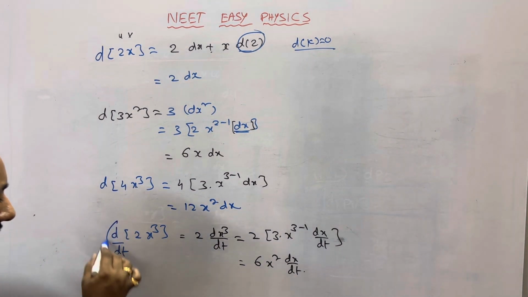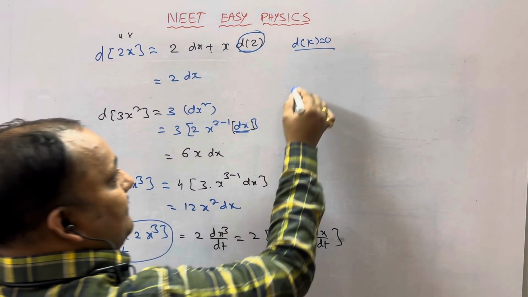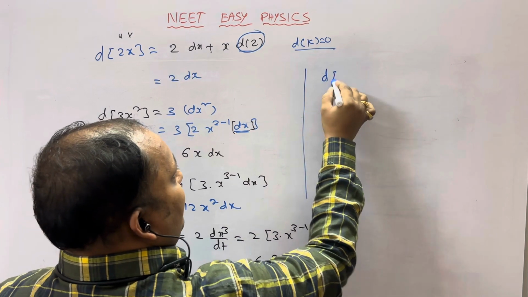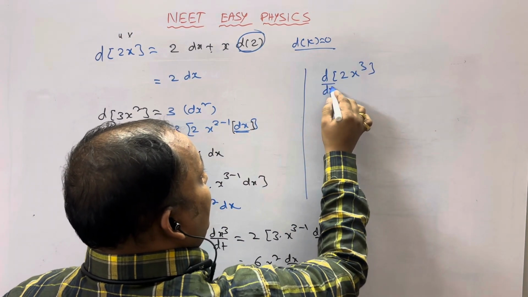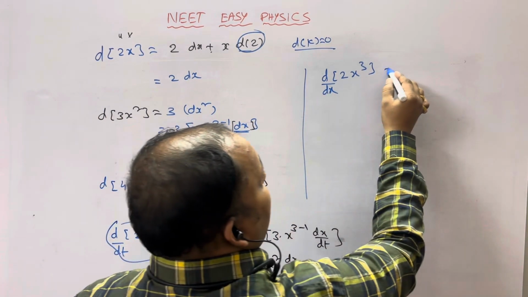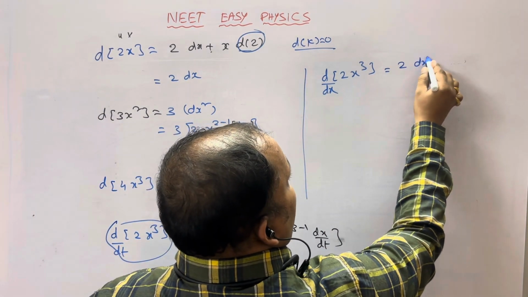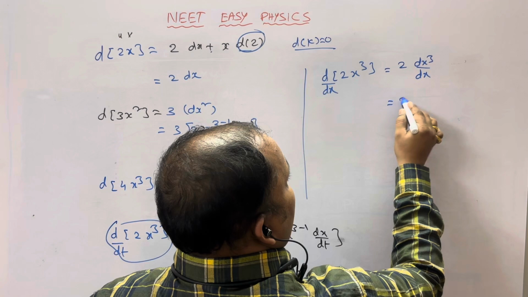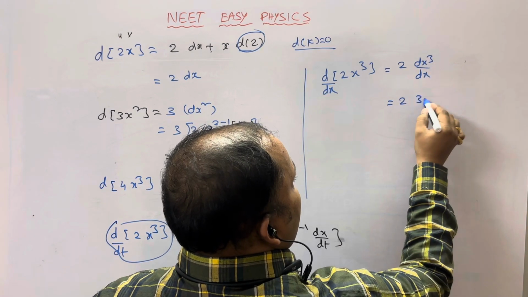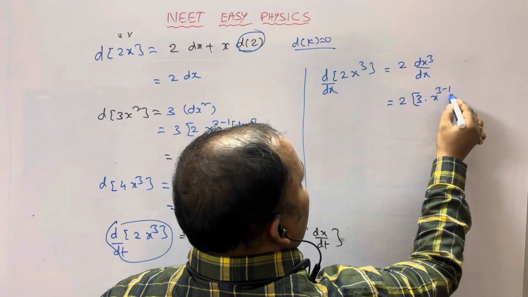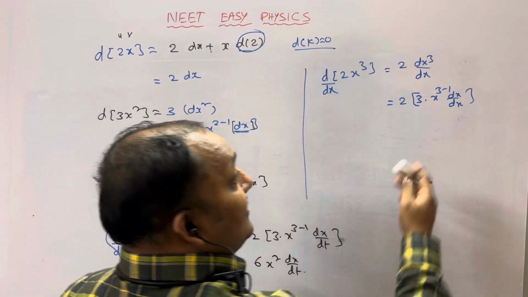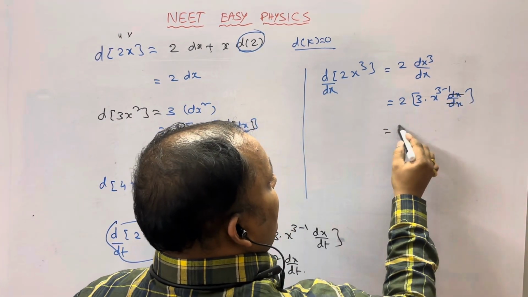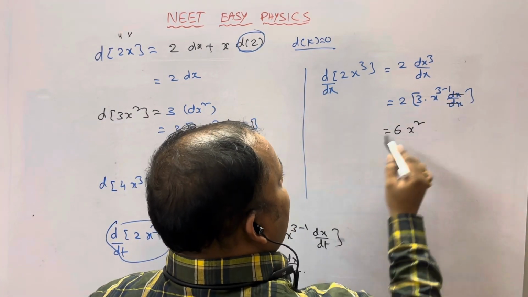Same thing I am doing with respect to x. Derivative of 2x cube with respect to x, at that time: 2 d of x cube by dx. 2 d of x cube means 3 into x power 3 minus 1 dx by dx. Now dx will be cancelled, so 6x square.